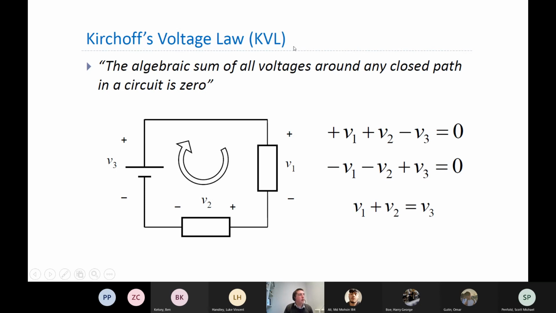So there's Kirchhoff's voltage law, which says if you add up all the voltages around a circle, they have to add up to 0. So the 3 volts from our battery in our first example had to correspond to 3 volts in our resistor in order that everything adds up to 0. And we've kind of been using that throughout, but without having formally written down what we mean.